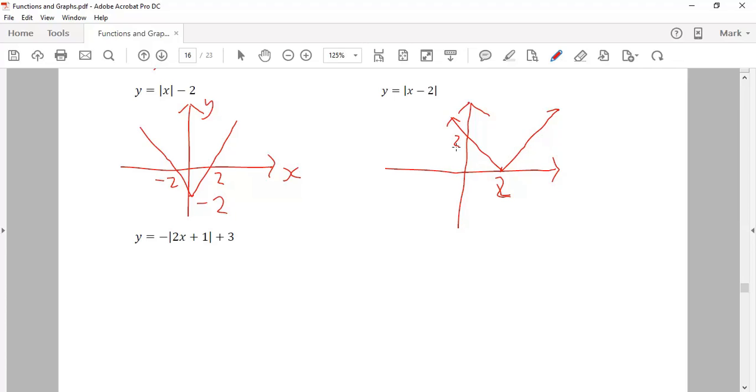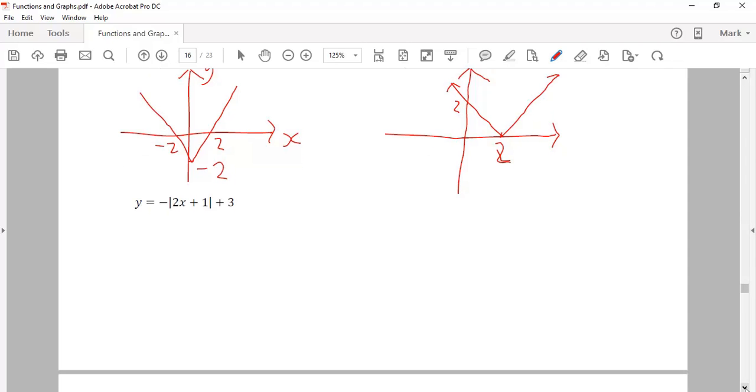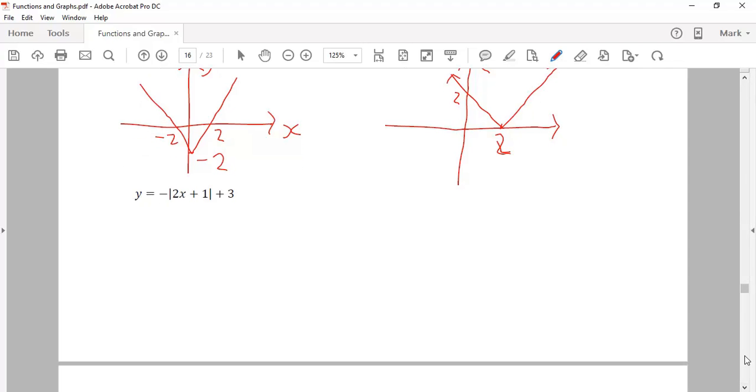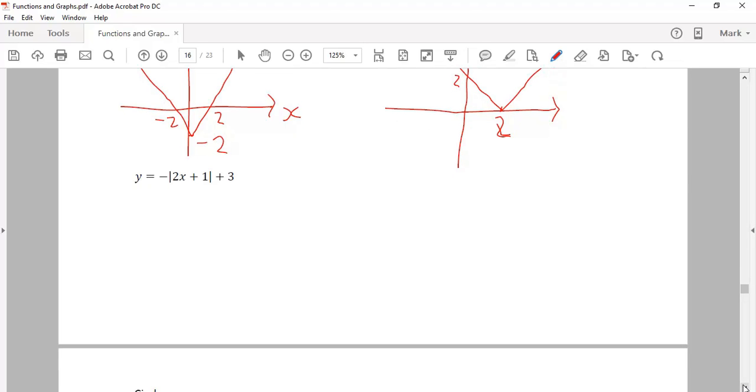And then this next graph, like I usually do, I put a combination of the two methods of moving. So let's break this down. y equals negative absolute value of 2x plus 1, and then plus 3 on the side.